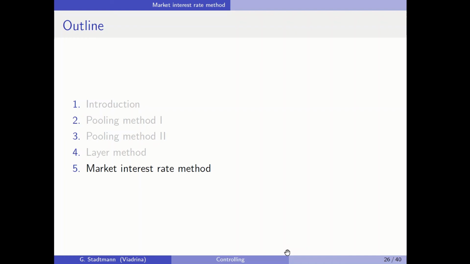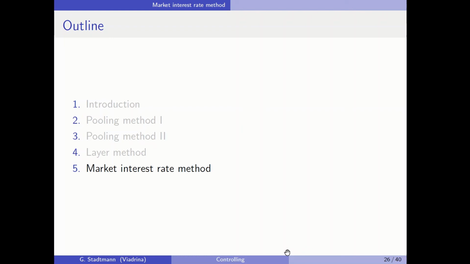So I think that the last method is very important, the market interest rate method. This seems to be the most elaborate method for the internal accounting.